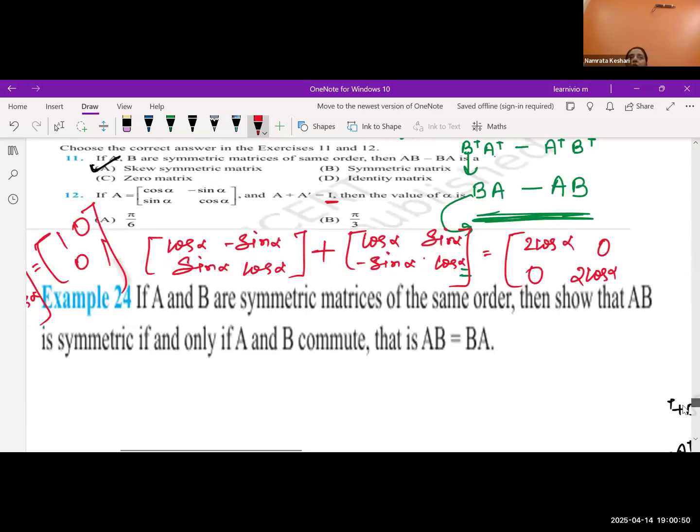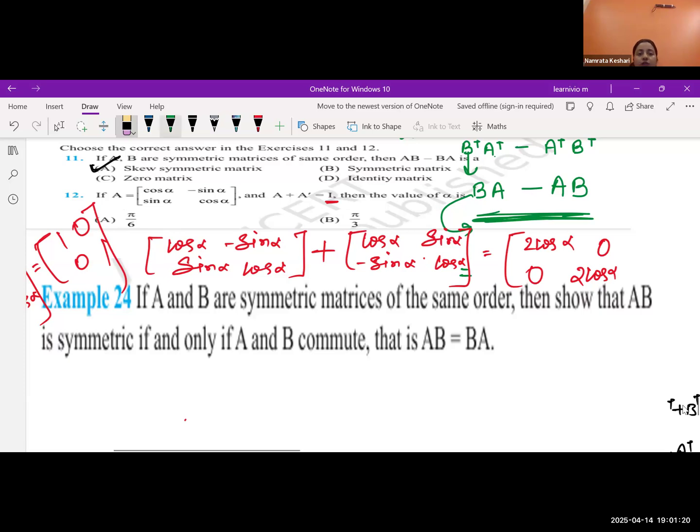You have learned the commutative property in lower classes as well. When we say any whole number follows the commutative property for addition, that means 3 plus 4 and 4 plus 3 are the same, right? If it follows the commutative property for multiplication, that means 3 into 4 and 4 into 3 are the same, right? So that's what it says, that A and B are symmetric matrices.